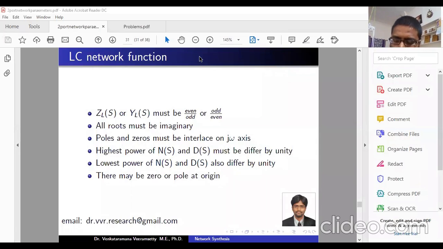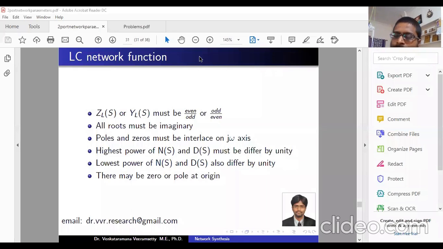So now if we have a network function that may be an impedance function or an admittance function, how can we decide whether the given network function is an LC function or not?